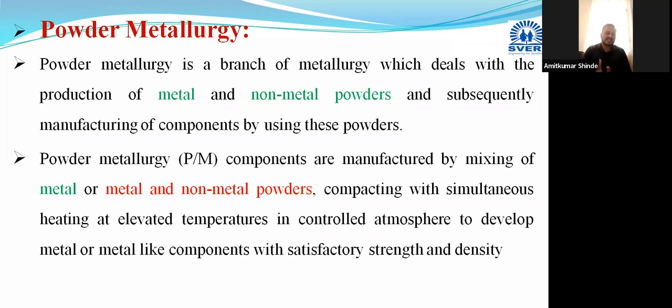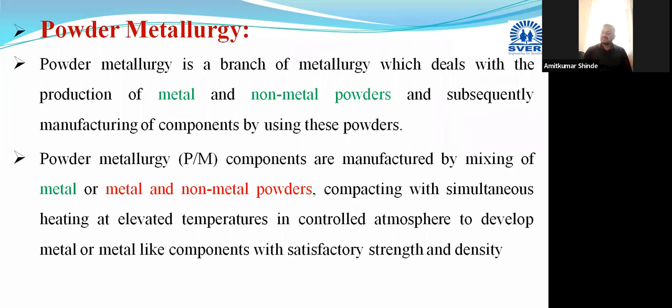We can take any composition: we can manufacture a component with metal and metal composition, or with some metal and non-metal compositions also. To manufacture this, certain stages are followed in a controlled atmosphere, and at the end we get the final product by this powder metallurgy technique, which will provide the necessary strength and density.